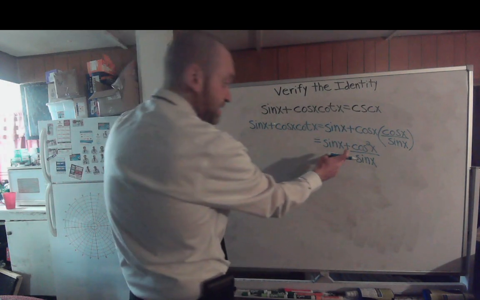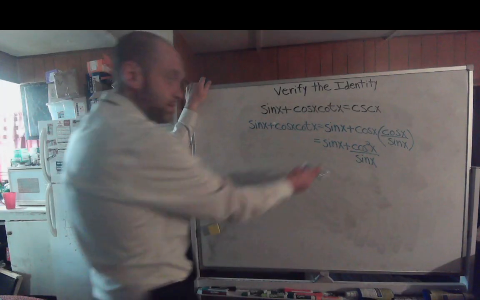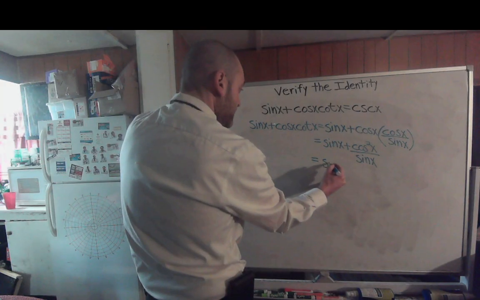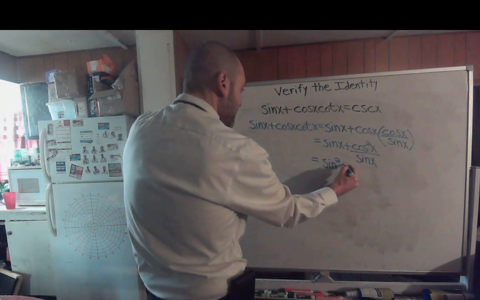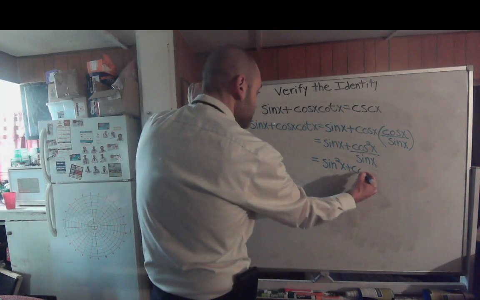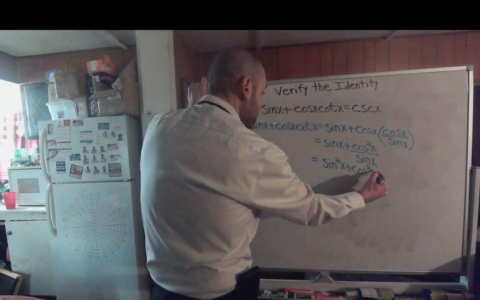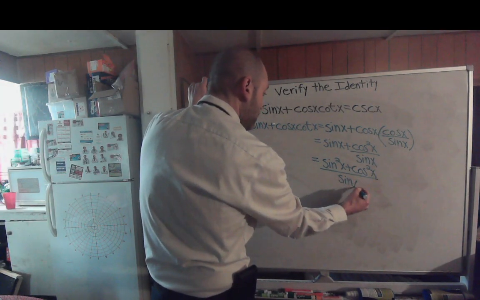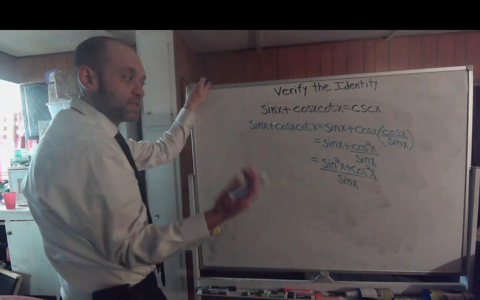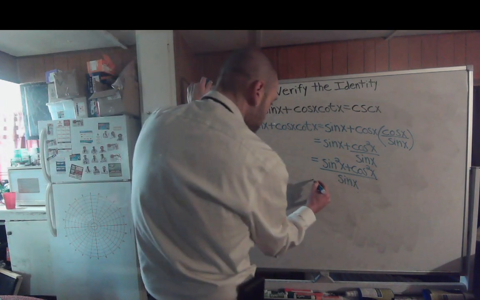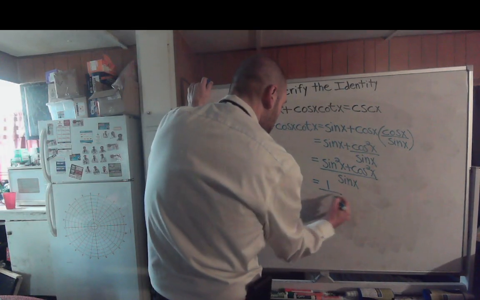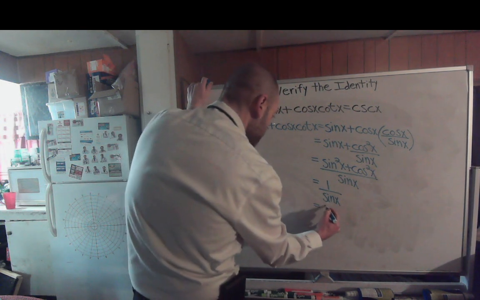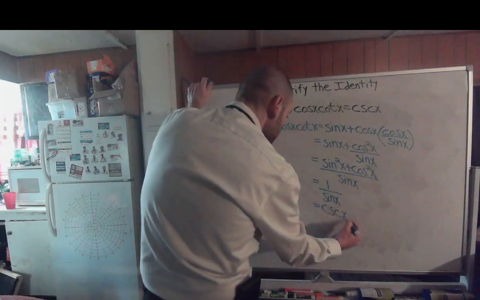Well, we definitely need to get the same denominator for both of these terms. So if we do that, we'll end up getting sine squared of x plus cosine squared of x all over the sine of x. Now, what is sine squared of x plus cosine squared of x? That's just 1, right? So you would get 1 over the sine of x, which equals the cosecant of x.